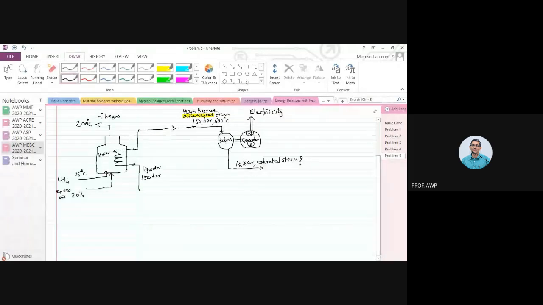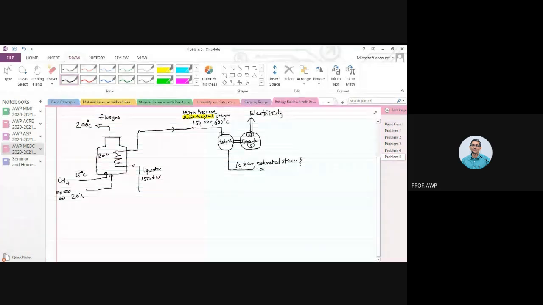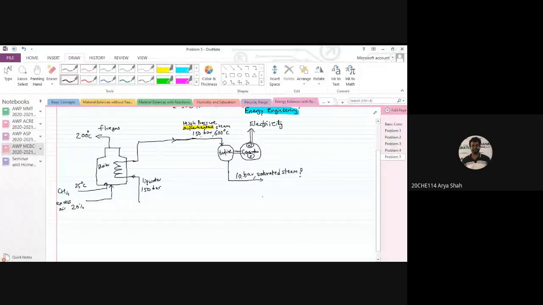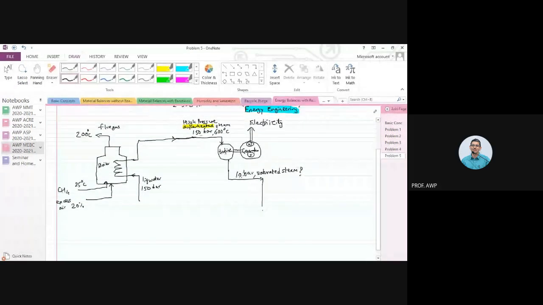Okay. So any other way you can think about? We need liquid water. How do you convert steam into liquid water? Reducing the temperature. How do you reduce the temperature?